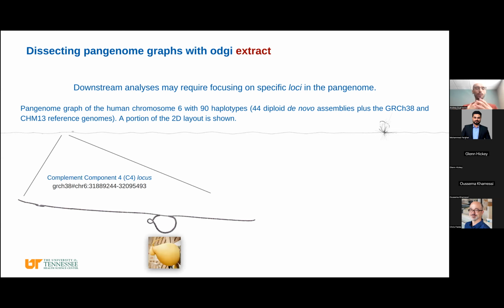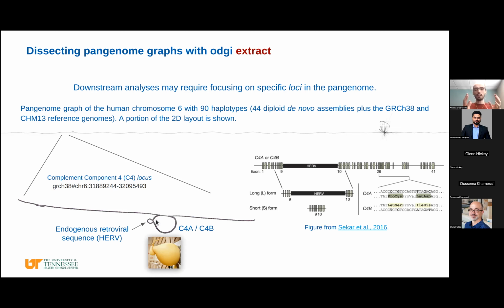For example, we can extract from this chromosome the complement component 4 locus that appears with this structure. This structure is very similar to what in Italy we call a caciocavallo. Click the link if you're interested in understanding what a caciocavallo is. But joke aside, this structure has a particular meaning. It reflects the biology in this locus.